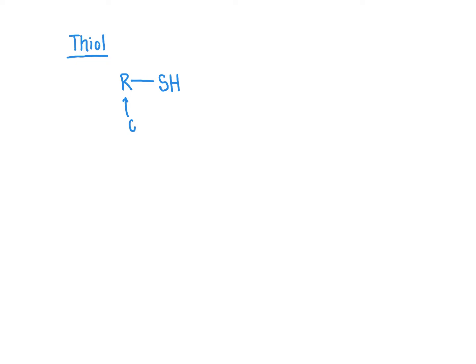Just like in the case of alcohols, the carbon here that is bonded directly to the SH group cannot be a carbonyl. If we have a carbonyl group directly bonded to the SH group, that particular structure is not referred to as a thiol.